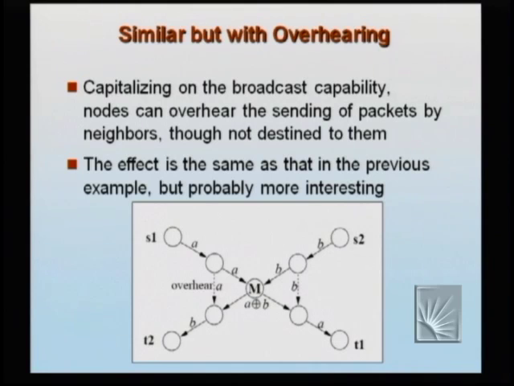So this node will know the network topology in this neighborhood, and know that this one can overhear, and this one can overhear. Well, the effect is the same as the previous example, right?